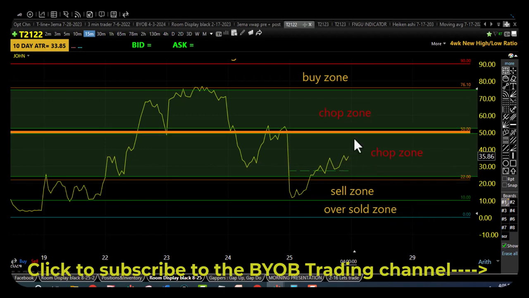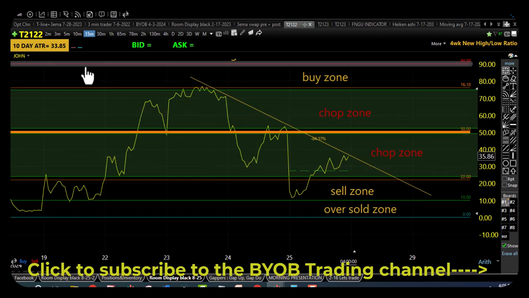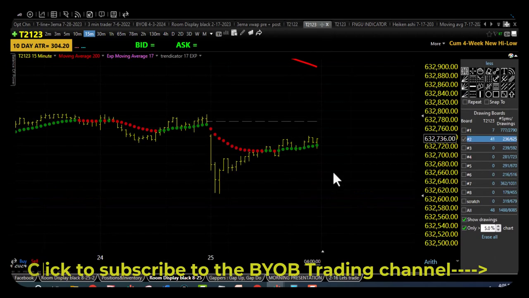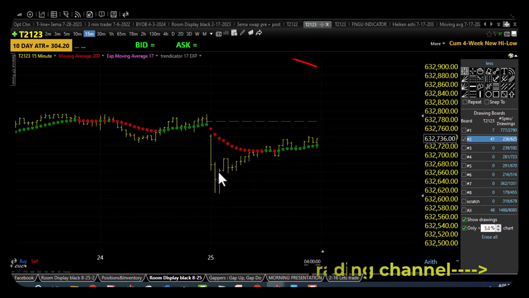Here we are trying to make our way back to the midpoint. Hopefully we don't have a trend line going here and wind up going back to the oversold zone. Got to break this trend line right here. So there's T21.22, T21.23. It moved up for most of the day. Fell out of bed, but then we moved up.